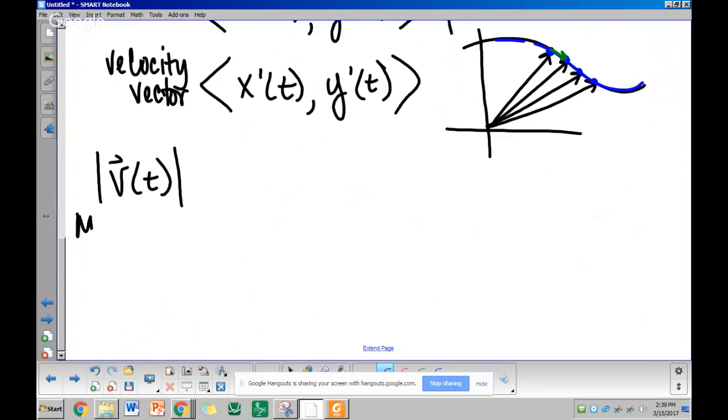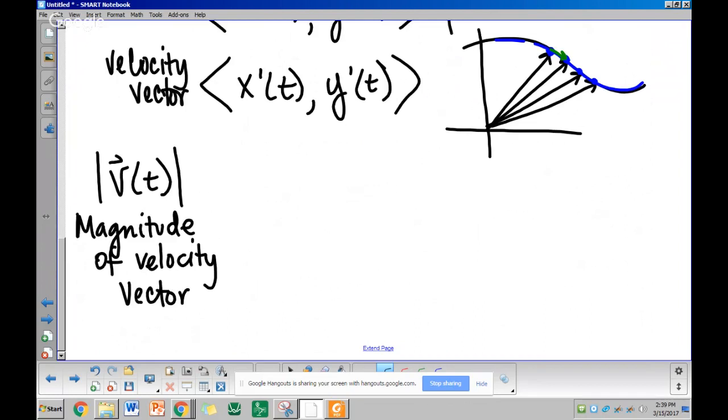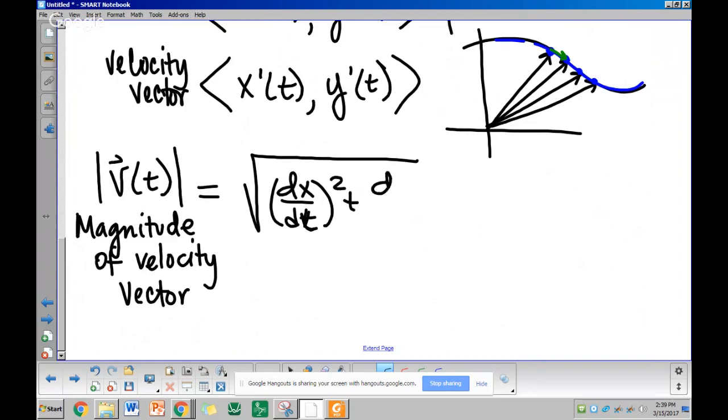That's the magnitude. It is equal to, another way to write it is, the square root of dx/dt quantity squared plus dy/dt quantity squared.